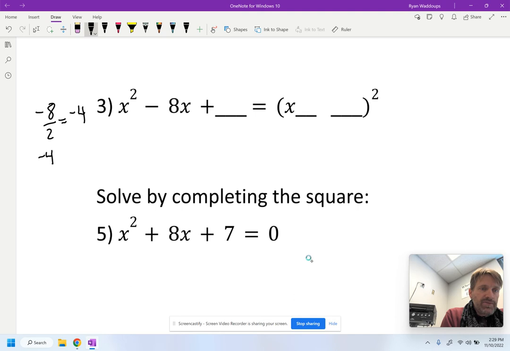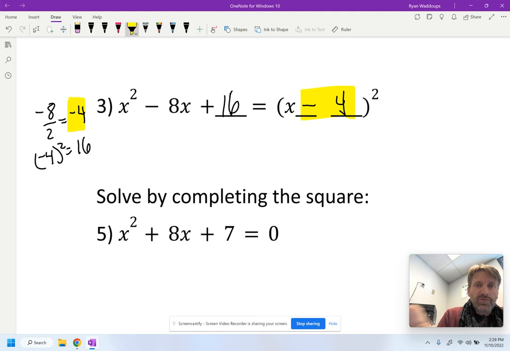And then I take the -4 and I square it, I get 16. And so x squared minus 8x plus 16 is equal to (x minus 4) squared. And this part here, the minus 4, goes over here when you're writing it in factored form.